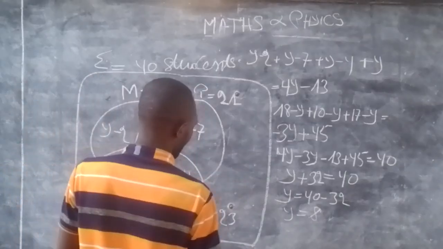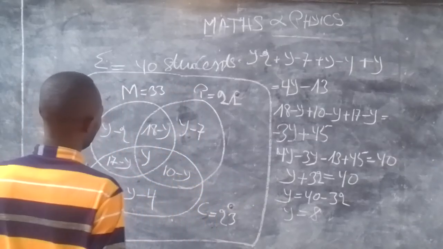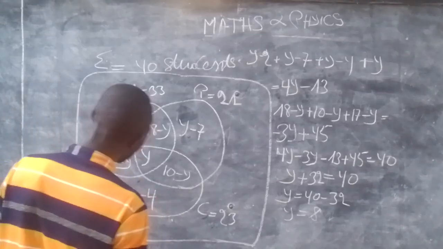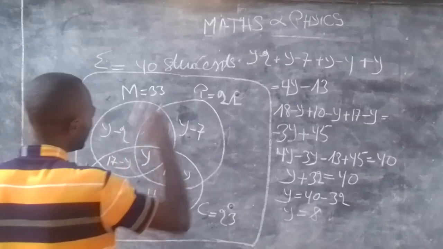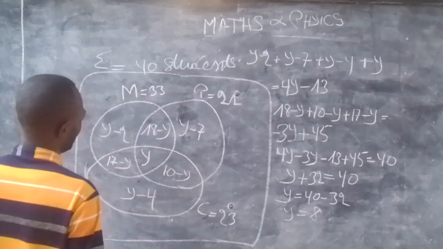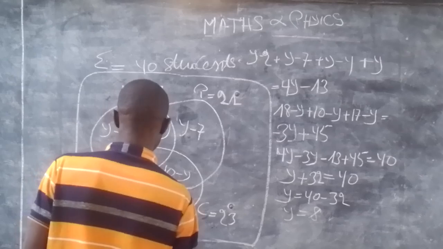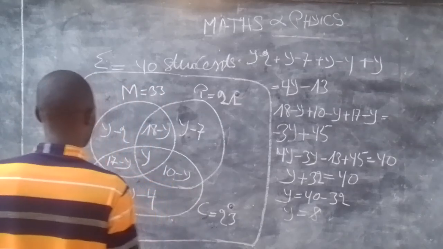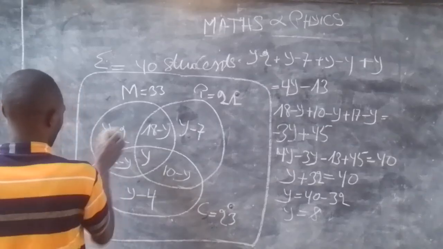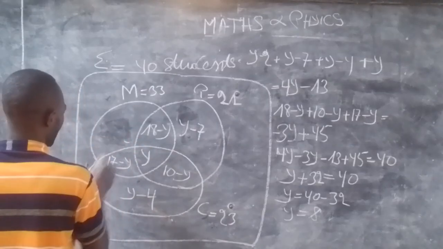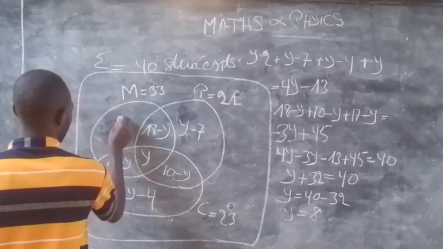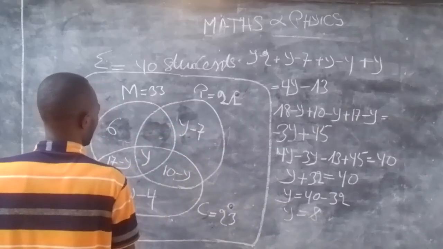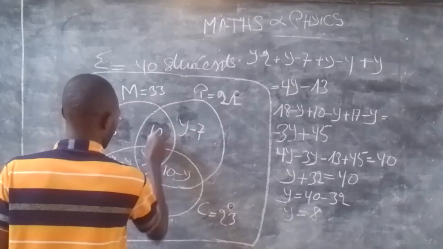By having that number, we may find the number who participates in mathematics only and the number who does not participate in physics by using our equations. So let's replace the y by its value. So here we have 6. Here we will have 10.